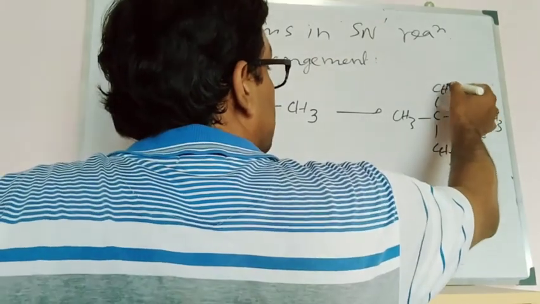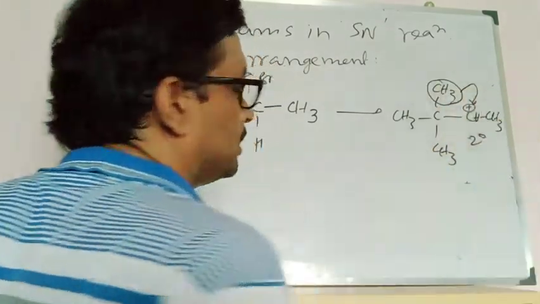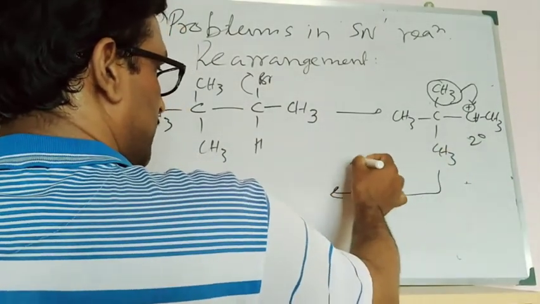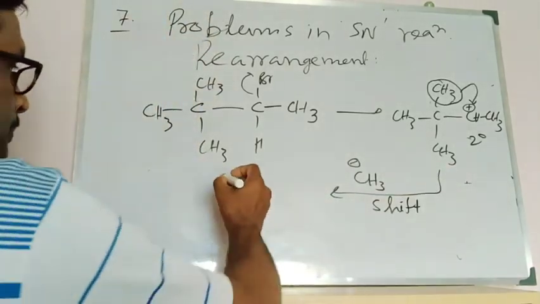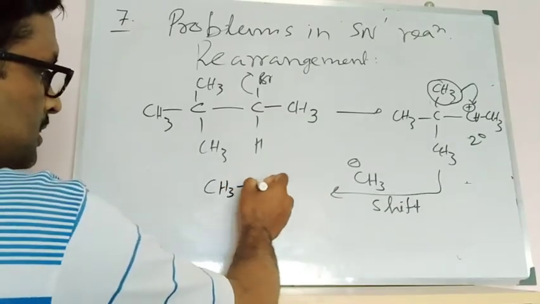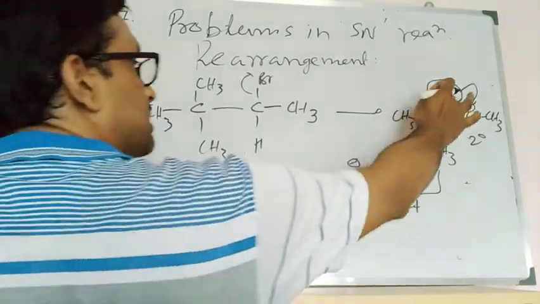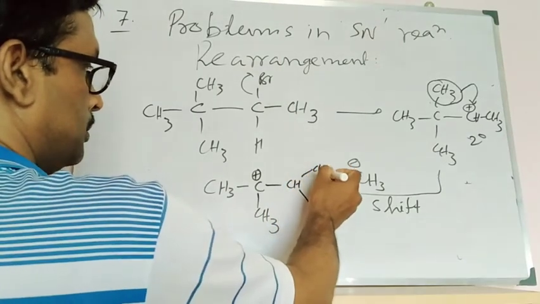Now, if this methyl with its electron pair shifts to here, so that means this is a CH3 minus shift. Then what should happen here? It goes to the CH3, and this moves with its electron pair. So the plus will go to here, and these two CH3 will be present here.